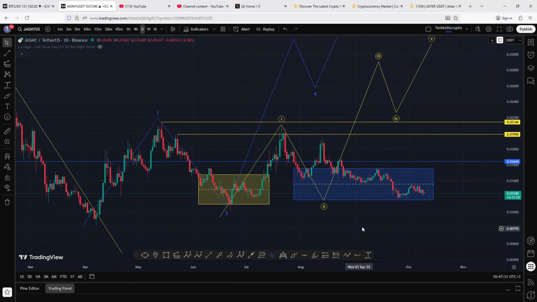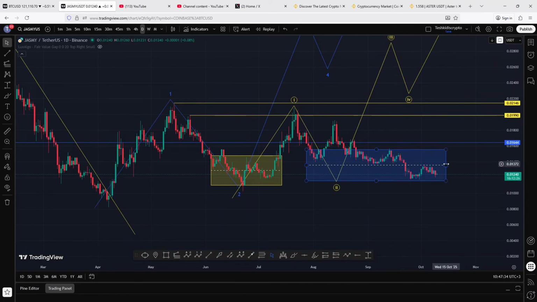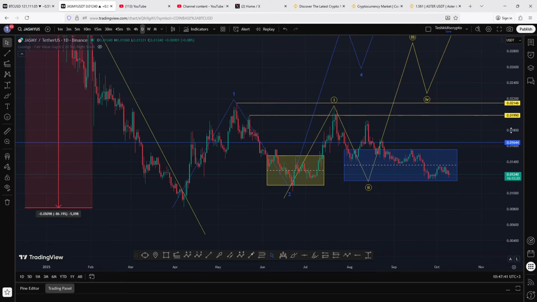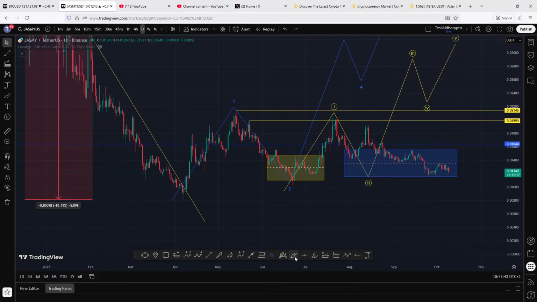And also remember that if by any chance we break these support box to the lower side, that will be the start of a more bearish case scenario that can easily give us a reset of the lows we made on the 22nd of June and also on the 7th of April in the next coming days.